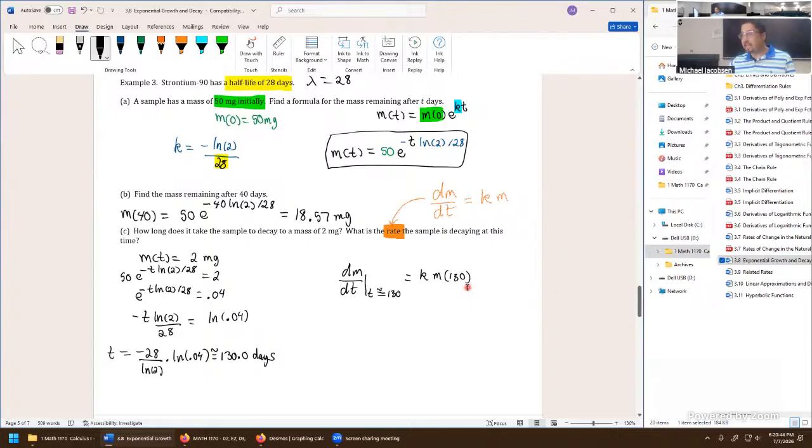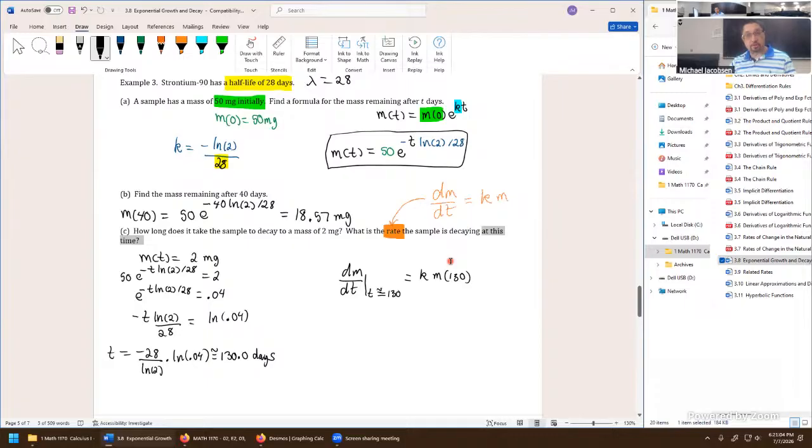The mass at 130 days was implied to be that 2 milligrams. So we don't necessarily have to plug that in. That'd be really close to 2, but we rounded right here, so it'd just be a little bit off. But it's implied that at this time, we're getting exactly the 2 milligrams.